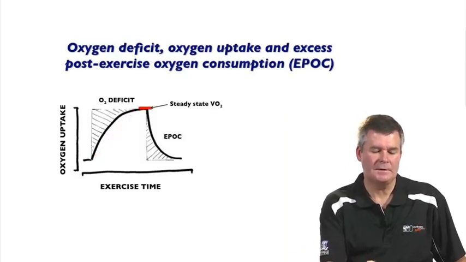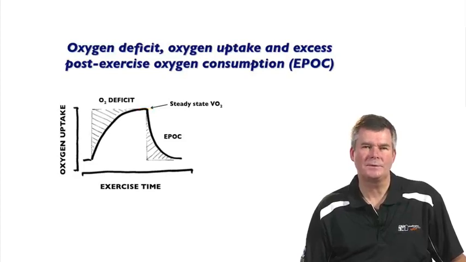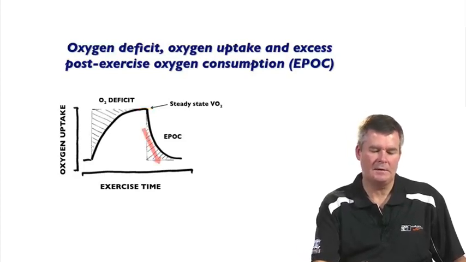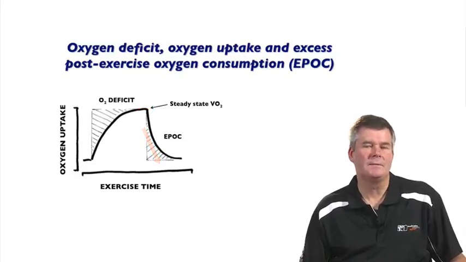During exercise, as long as that exercise continues, there's a given oxygen uptake. And when exercise stops, there's a rapid decline in the VO2, but it remains elevated for some time. And this may include several hours, depending how hard and how long the exercise is.